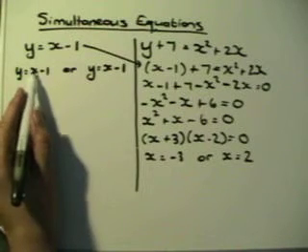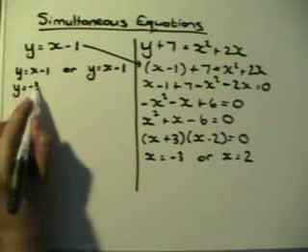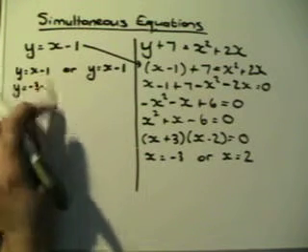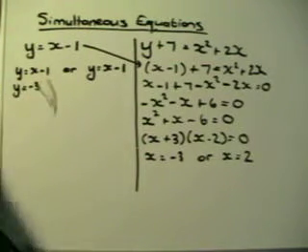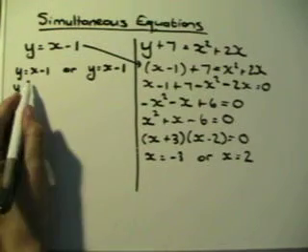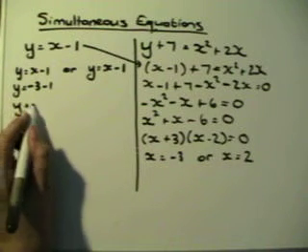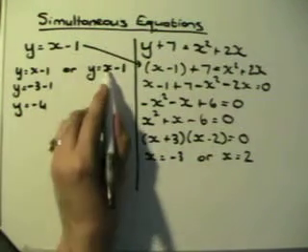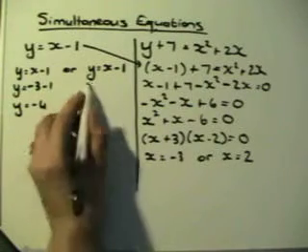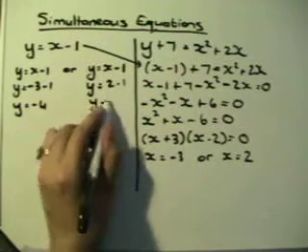If it was Peter, which is minus 3, how would this work? Then minus 3 minus 1, then y would be minus 4. If x is John, so x is 2, then 2 minus 1, y is 1.